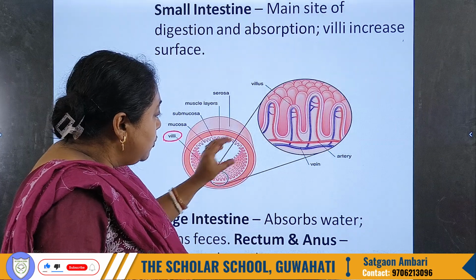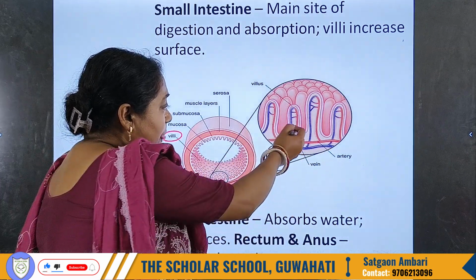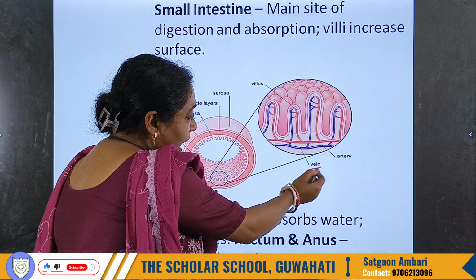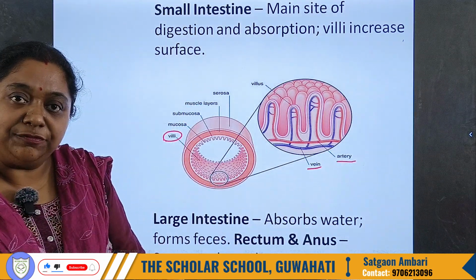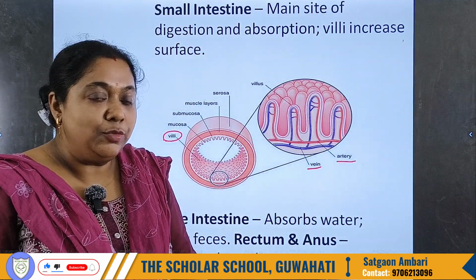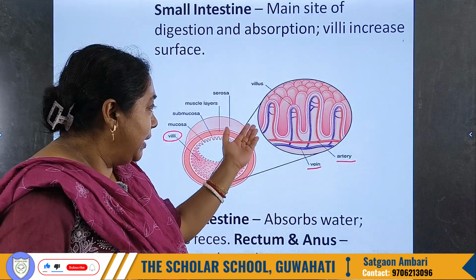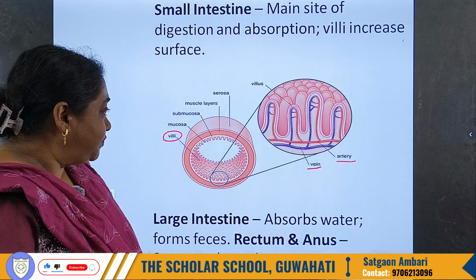When we zoom in, we see the structure of villi, which contain numerous veins and arteries, that is, the blood is connected here.